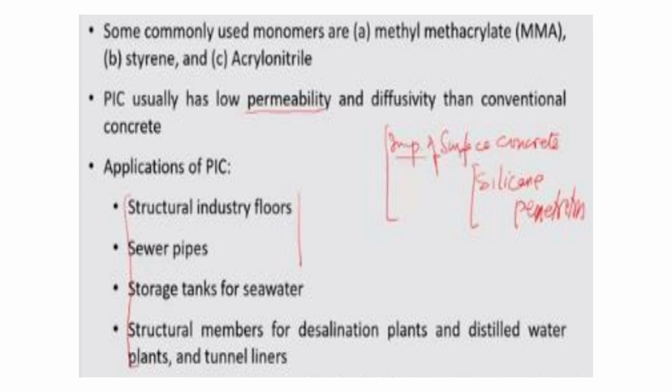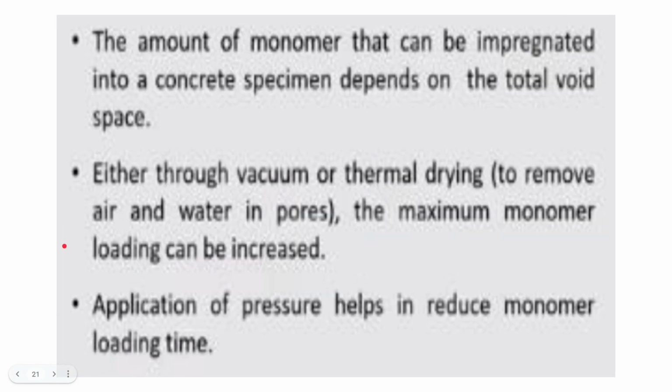Its applications are basically structural industry floors, then sewer pipes, then storage tanks for seawater, then structural members for desalination plants and distilled water plants, and tunnel liners. So these are some of the applications of PIC.